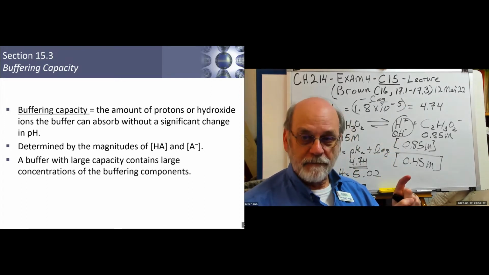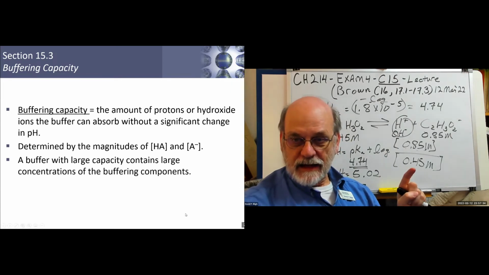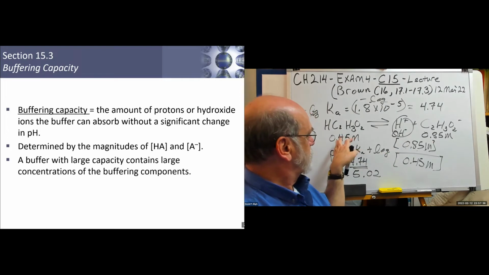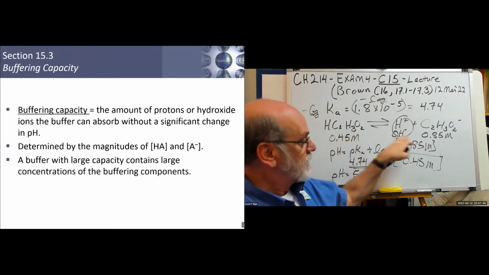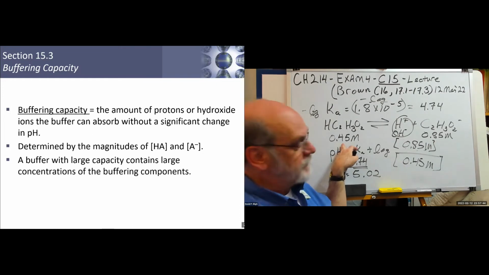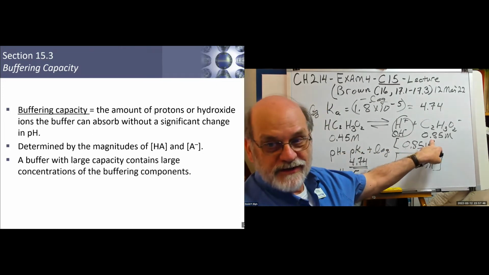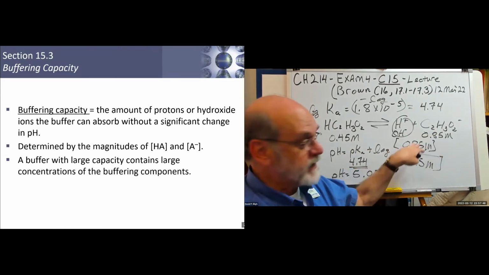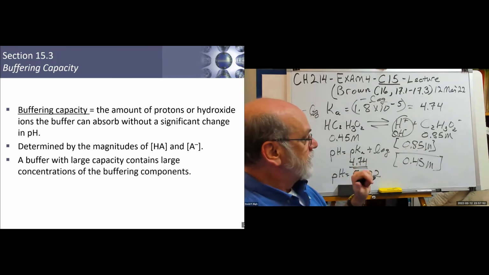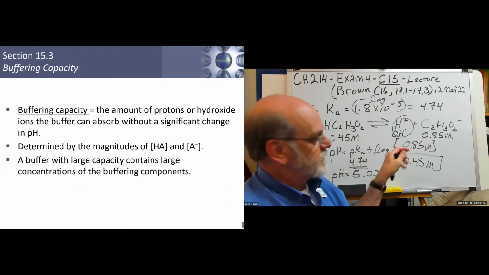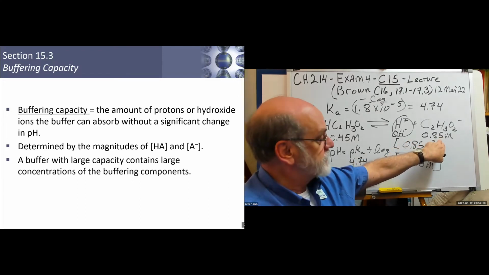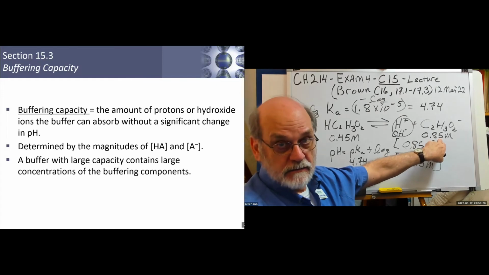But if you have only a small amount, say lesser concentration of these two, say this is 0.045 and this is 0.085, the ratio will be the same and the pH will be the same. But notice that, say, if we add acid, then it has to consume some of this conjugate base, right?